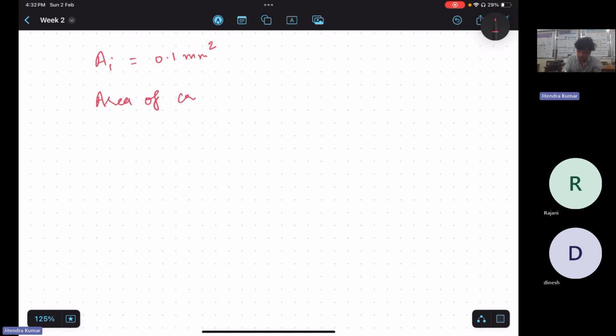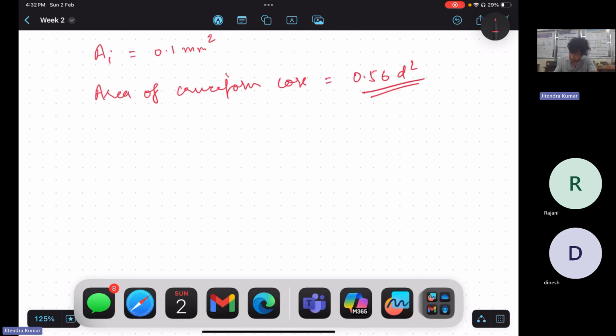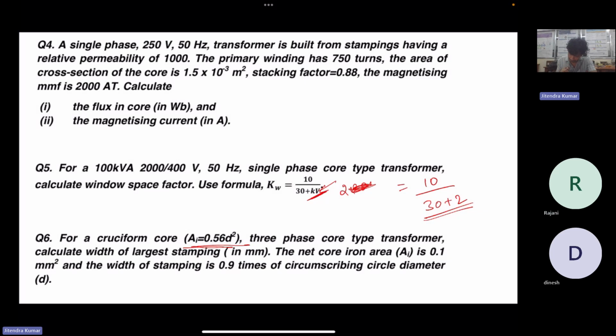We have to calculate d, the diameter of the circle. The width of a stamping is 0.9 times the circumscribing circle diameter.